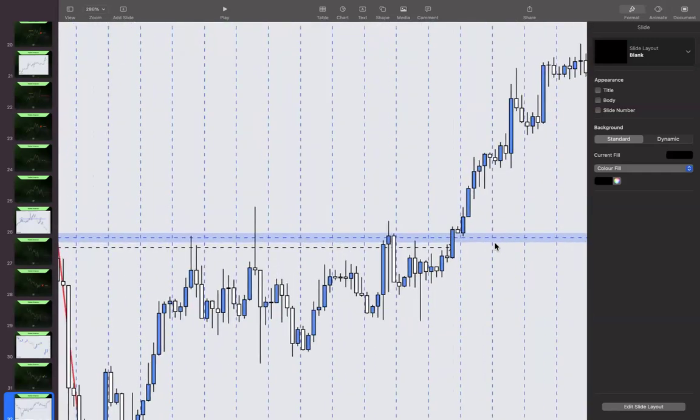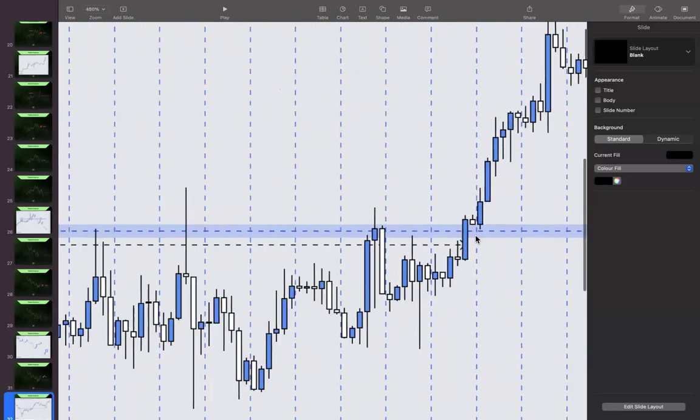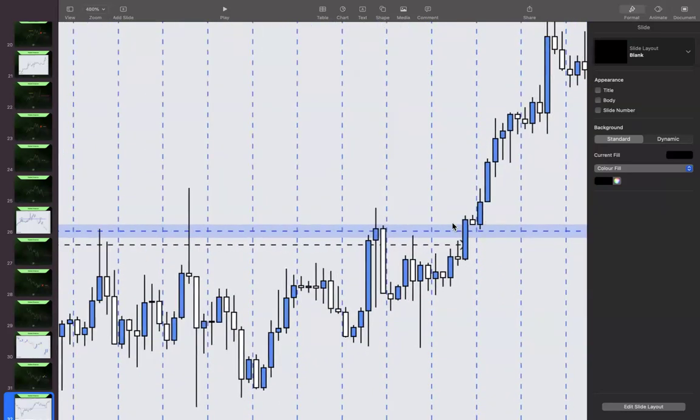So if we look at that from the start of this bullish candle, this rectangle over there, this candle broke out and that one broke out and came back inside.